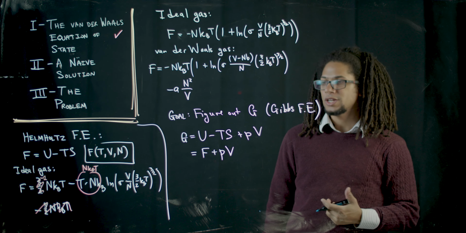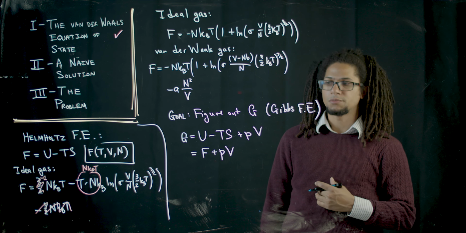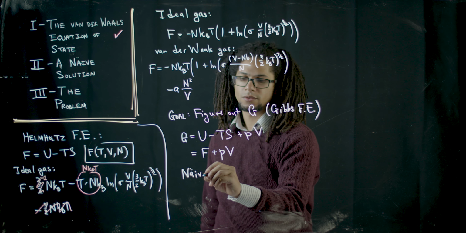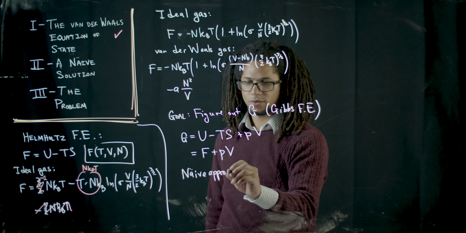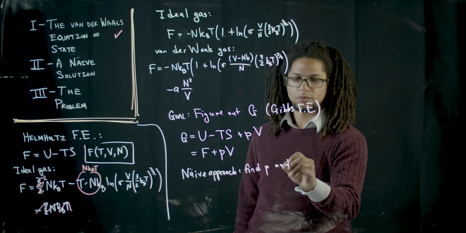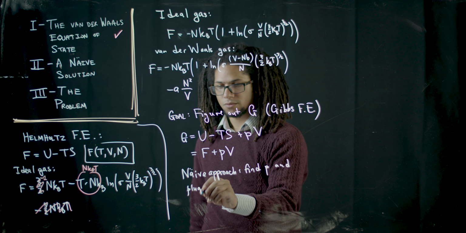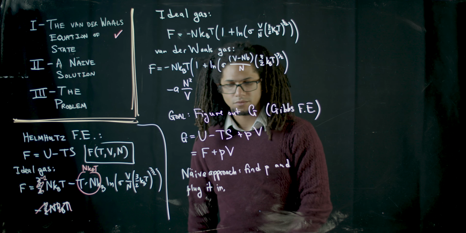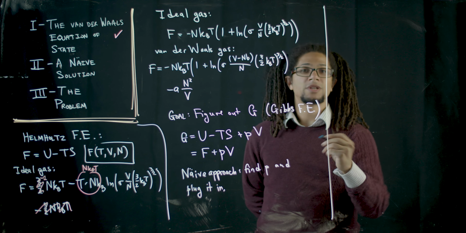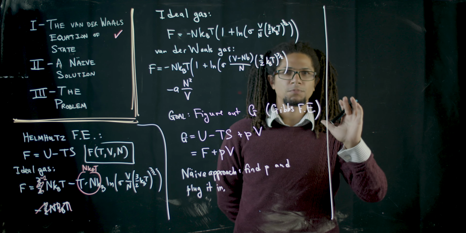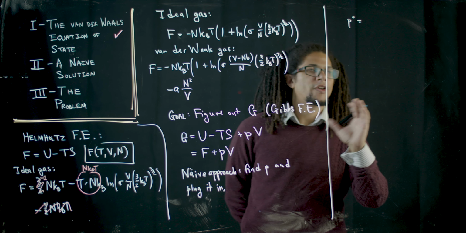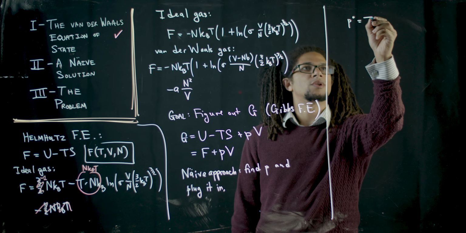So in principle, all we need to do is find P for this system, then we can plug it in to find G. So naive approach: I'm going to define what we would typically think of as the pressure, but I'm going to call it P super naught, just to hint at the fact that this might actually not be exactly what it seems.